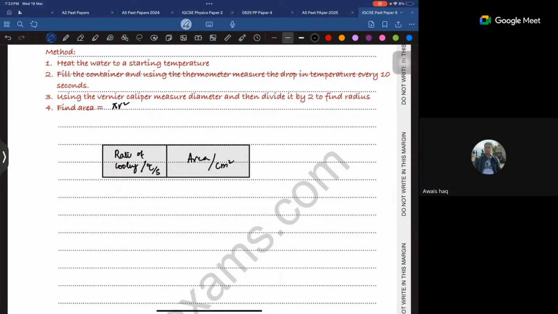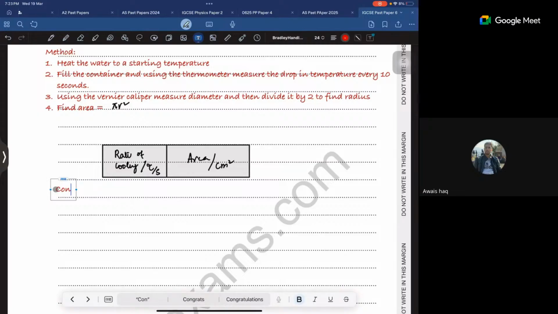Once you do that, then you have to write the conclusions. For the conclusions, I would write something like this. Wait. First, we have to draw the graph, right? Because we need to plot it. Plot a graph.